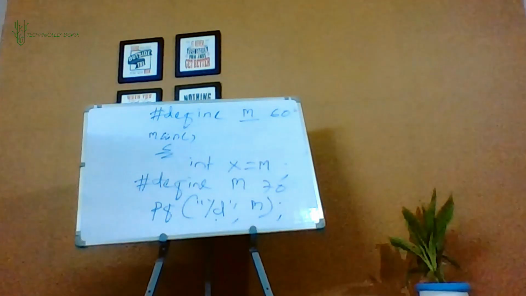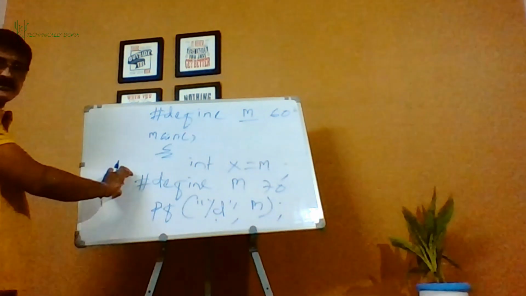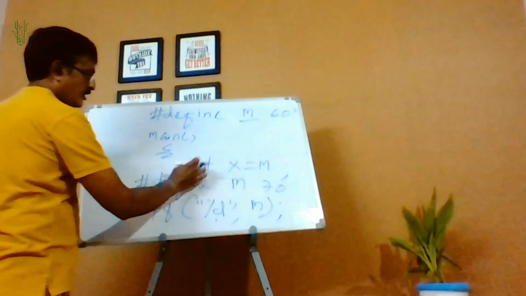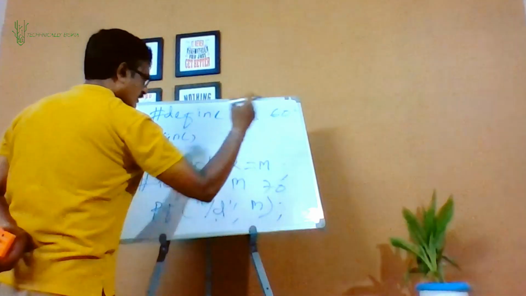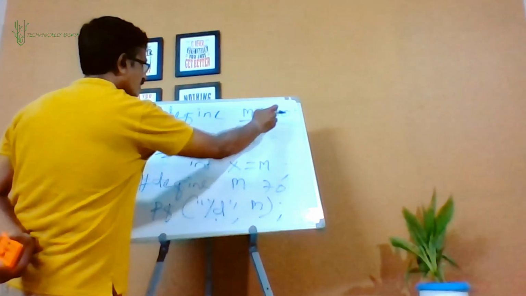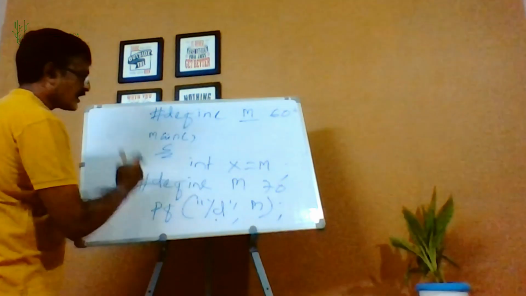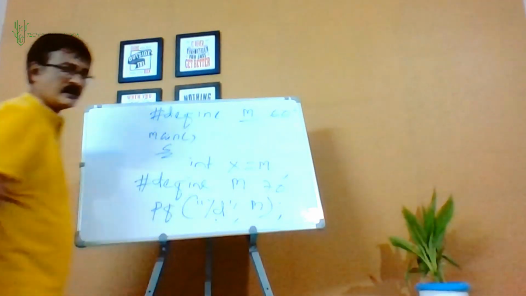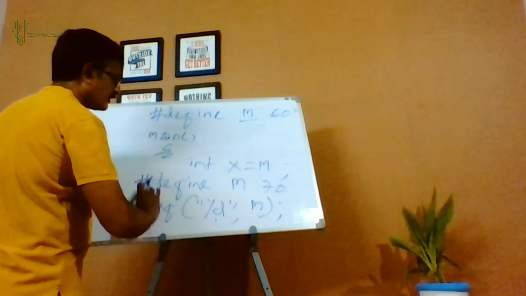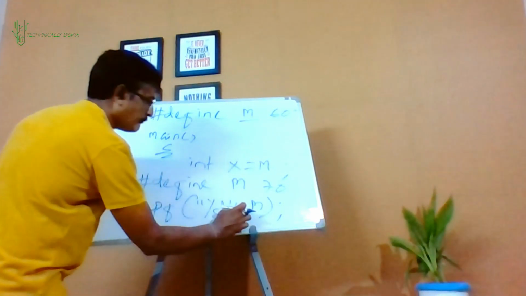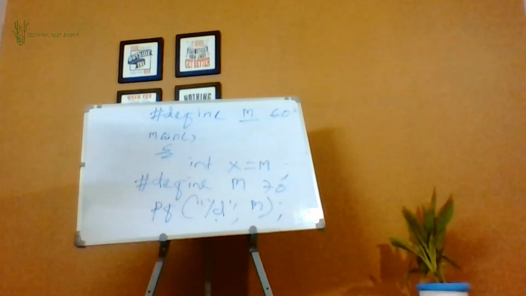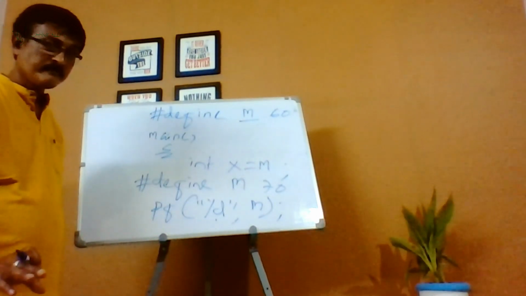What happens here? This is called a redefinition. Here I said #define AIM 60. So when I say x equal to AIM, during preprocessing this AIM will be replaced with 60. The next line is a redefinition. Here the value of AIM is 70. So when this line is replaced, AIM will be replaced with 70. This is called redefinition. Got this?